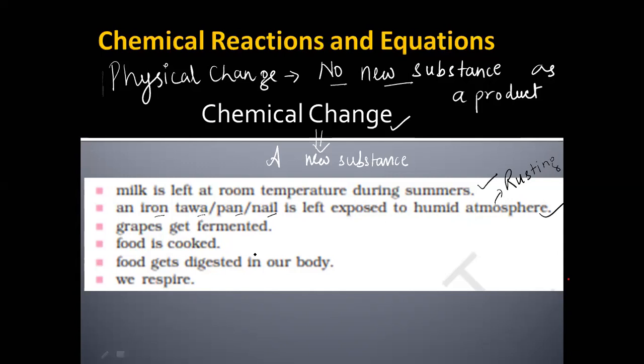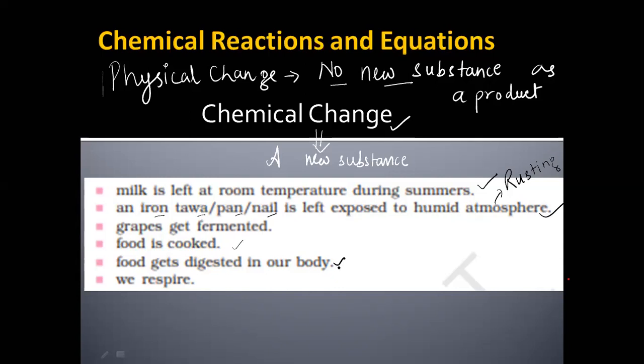Further, food is cooked. If food is cooked, there is chemical change, not a physical change, because there is the formation of the new substance in the presence of heat or the temperature that you're providing. Food gets digested in your body. What happens to it?